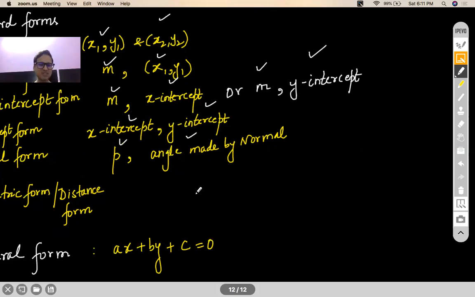And even in distance form, you would need the point and the slope. Now I know you'll be confusing it with how is it different from the second option. It is different. I'll talk about it. So if you see in all these cases, you would realize that in order to get a unique line, I need 2 things.